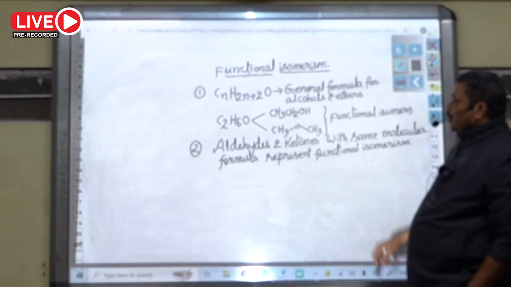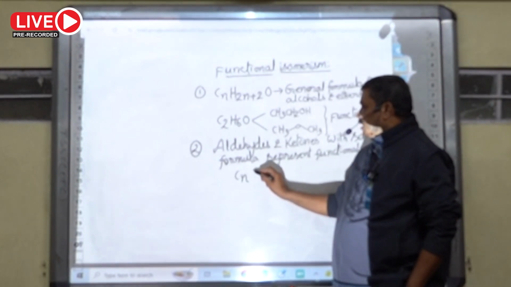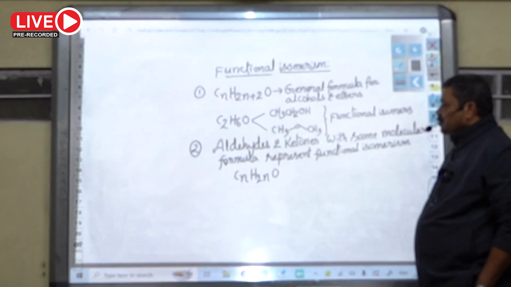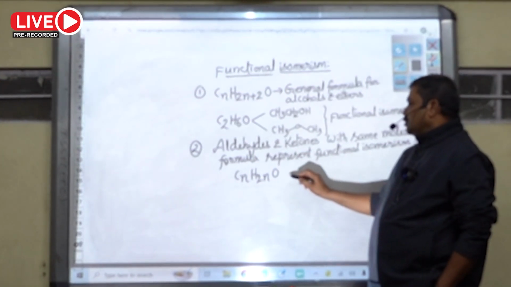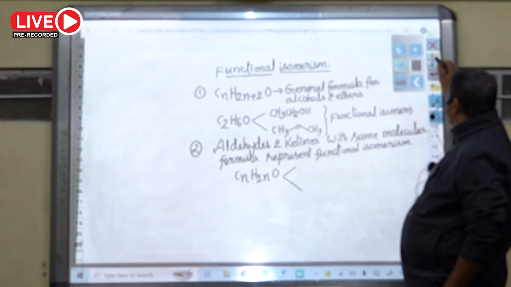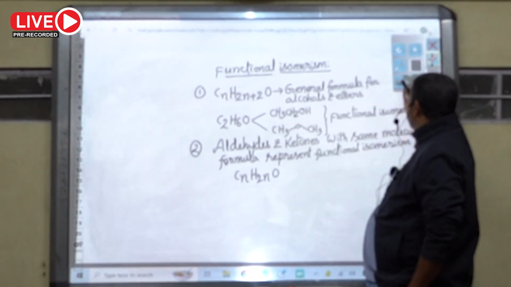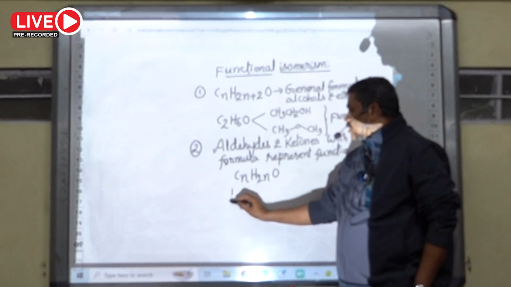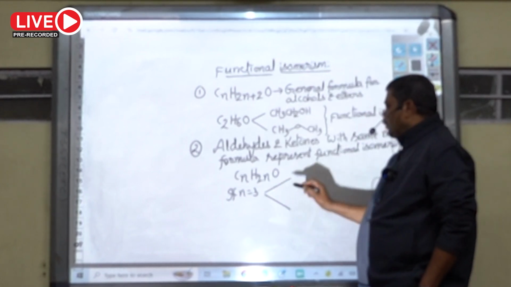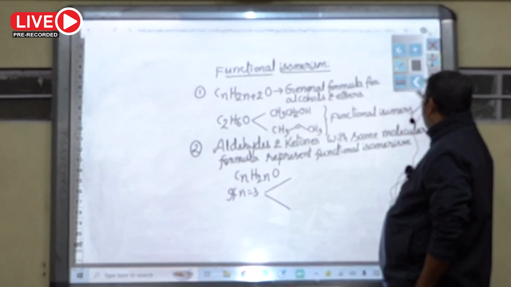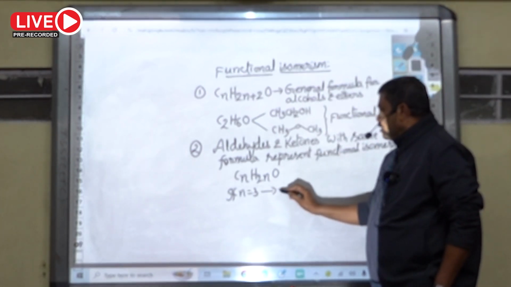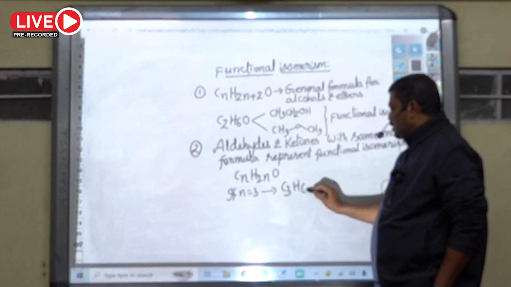For example, you can take CnH2nO. If n is equal to 3, then you can write it in two ways. n equal to 3 means the formula becomes C3H6O.